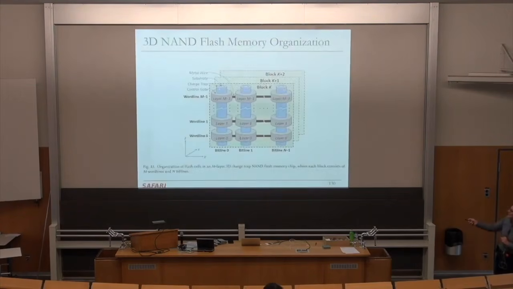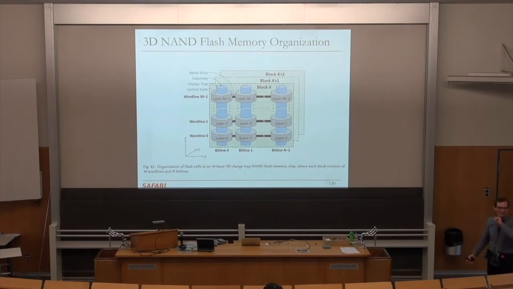And you basically string together many of these charge trap cells in a 3D manner. This is what the 3D structure looks like. You have these bit lines, and then you have these word lines. Word lines are within a layer. Bit lines cross across the layers, as you can see. And a block is still the same as what we discussed before. It's bit line, word line. But a block now spans multiple layers, as you can see.